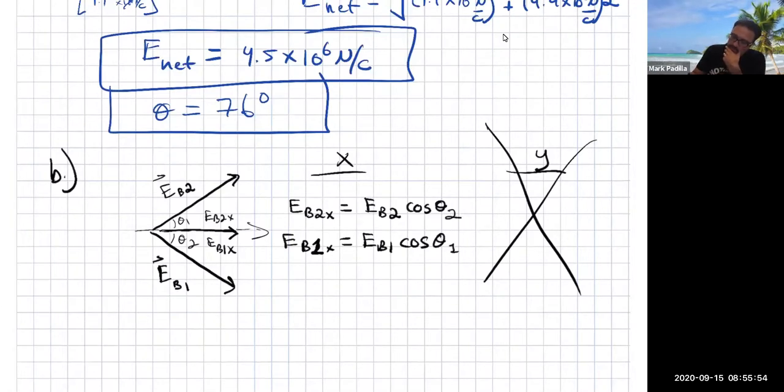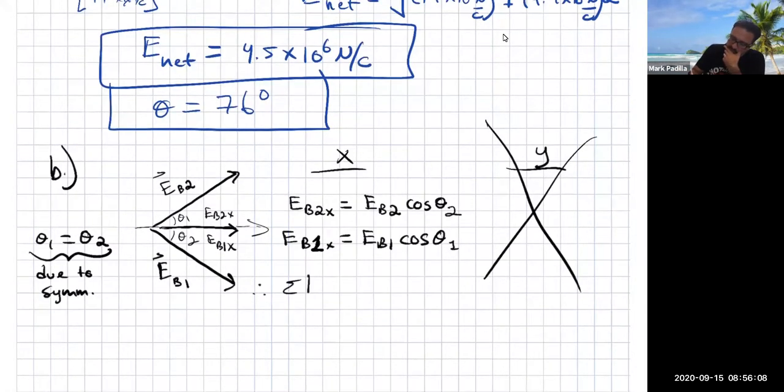Theta 1 is equal to theta 2 due to symmetry. Therefore, the sum of the E field in the x direction is going to be EB2x plus EB1x.